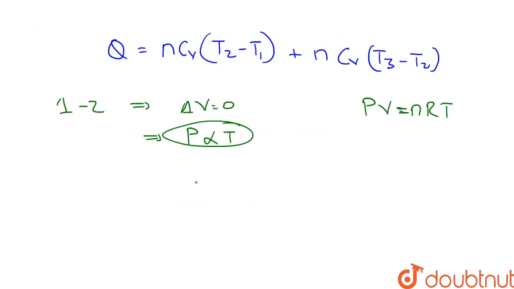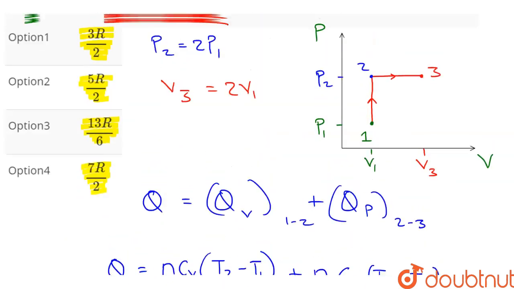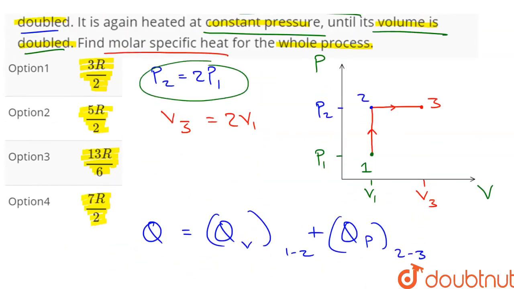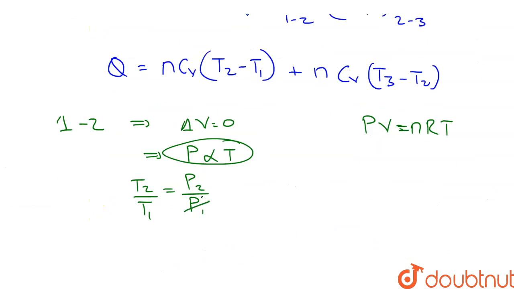So in terms of ratios, we can write P2 by P1 equal to T2 by T1, and P2 is twice of P1, therefore this becomes 2, and therefore T2 is equal to 2T1.